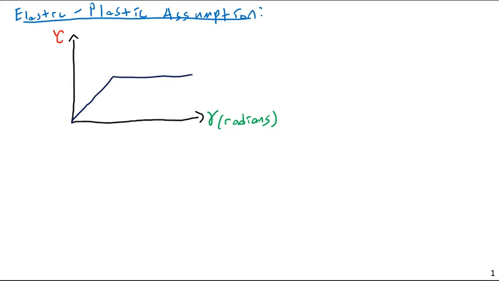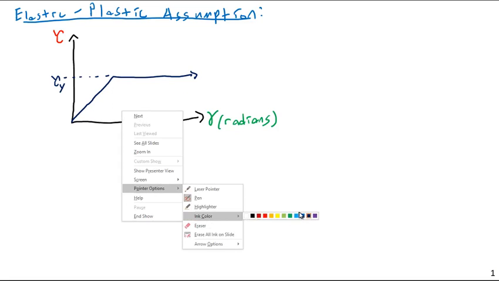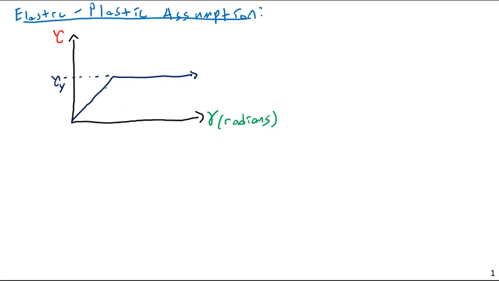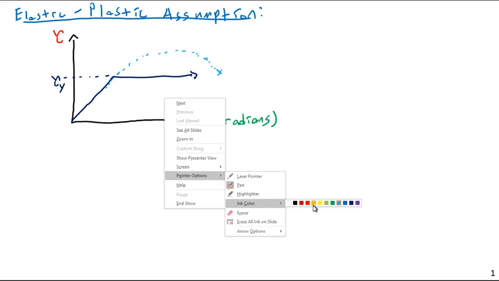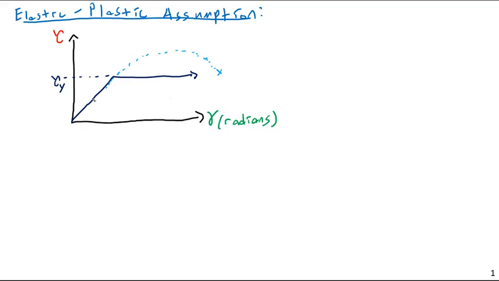This is our elastic plastic assumption, where we have simple linear elastic behavior and simple flat plastic behavior. In other words, here is our elastic shear stress, or our yield shear stress. In reality, the material will actually behave something more like this, going parabolic, and then has humps in it, and then it goes to rupture over here. But to make our analysis more possible, we are going to make this approximate but well-founded assumption.